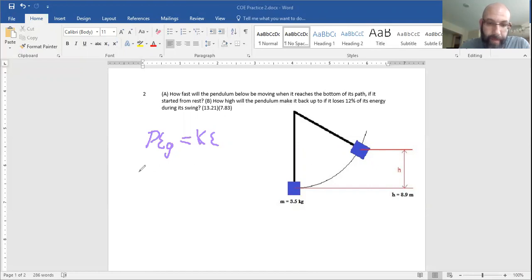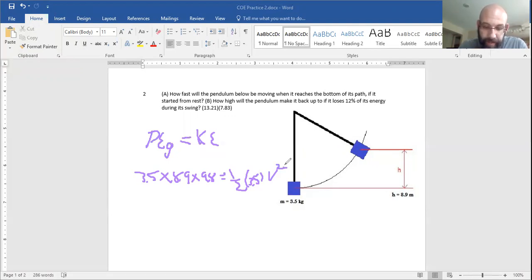All right, so M is 3.5. That tells you at the bottom, it's right here, 3.5. All right, mass times, oh, I'm doing it backwards. 8.9, that's H, and then 9.8 is G, equals 1/2 mv squared, or 1/2 of 3.5 v squared. All right, so again, let's solve this.